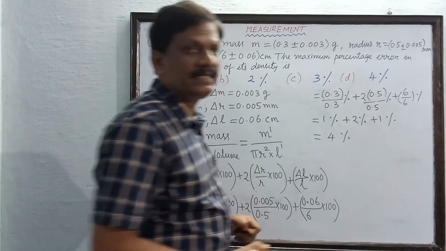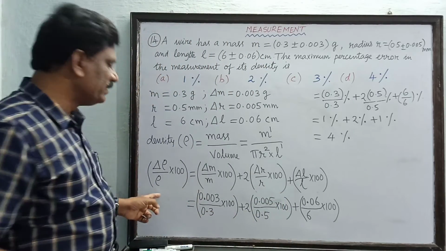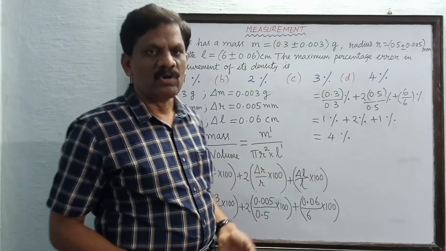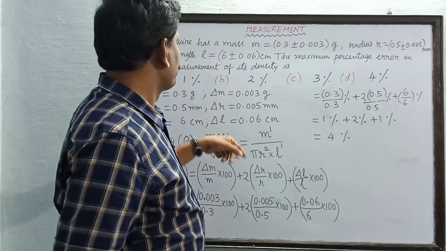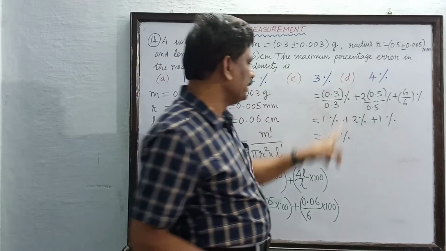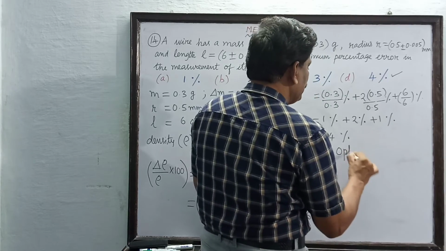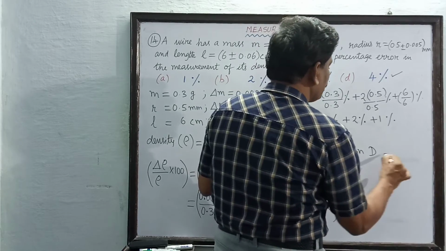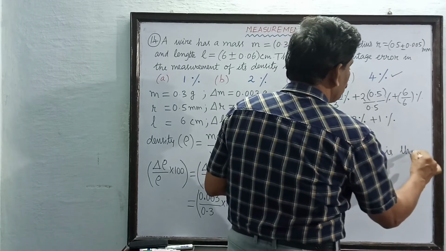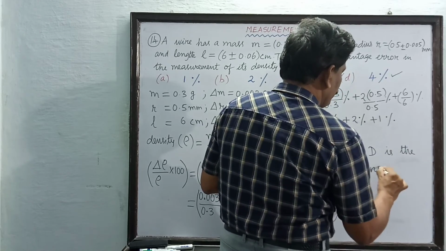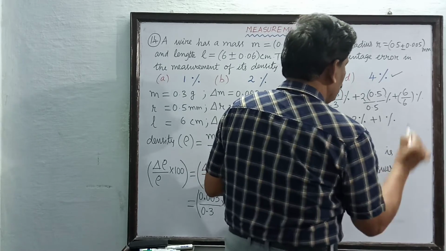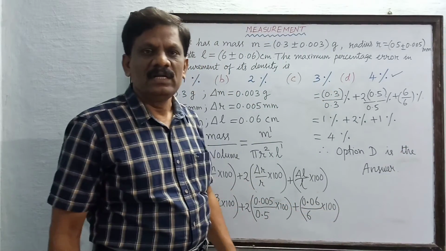So the percentage error in the measurement of density is found to be 4%. So which is the right option? See here, option D is the correct answer. Therefore, option D is the correct answer. Have you understood? Okay, fine.